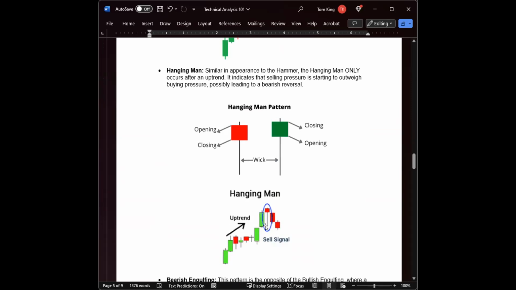Bears tried to win. They didn't quite get the job done, but it shows a big change in sentiment: bullish, bullish, bullish, and now bears really tried to make a run. They didn't do a great job, but they still did enough to put you into a reversal potentially. It shows that sellers are really stepping up and could outweigh the buying pressure.